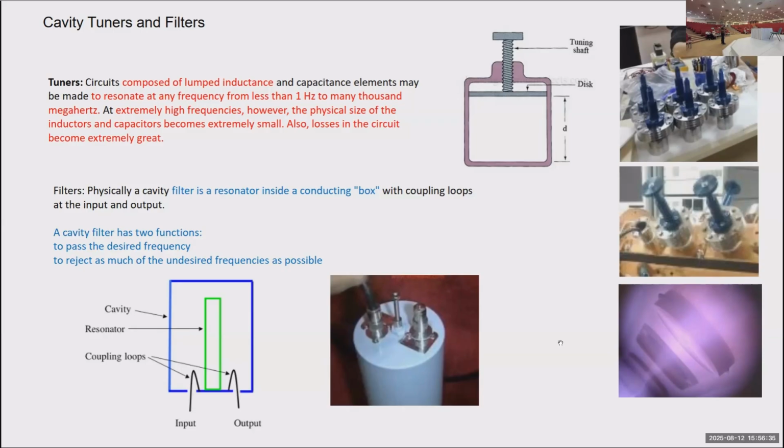But after, that's a quadruple cavity. It means you have 4 sections. For each section, we have charged about 3 hours. And finally, up to 85 kilowatts, this was done in a week.